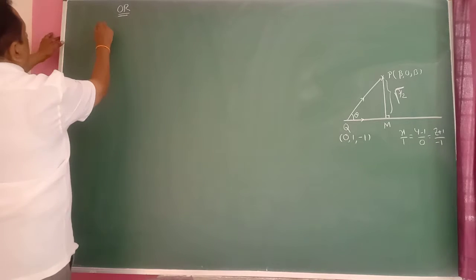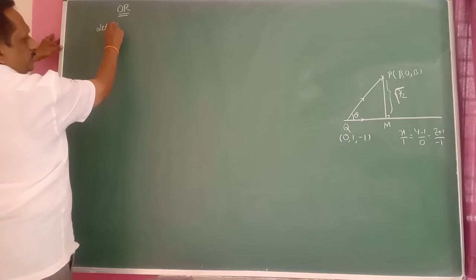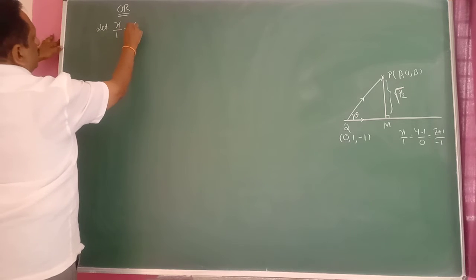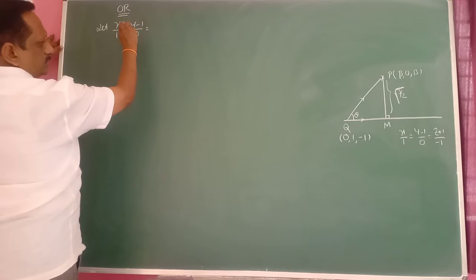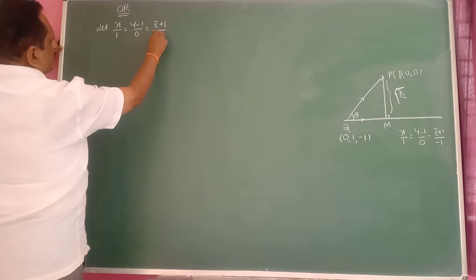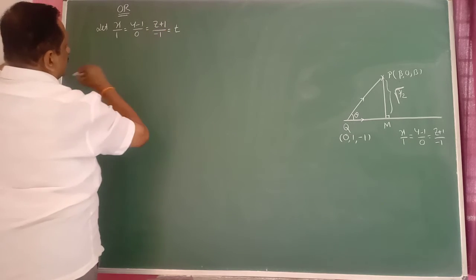Take (x plus 1) divided by 1 is equal to (y minus 1) by 0 is equal to (z plus 1) divided by minus 1 is equal to some constant t.